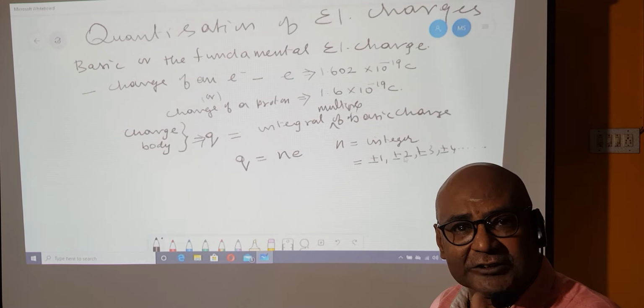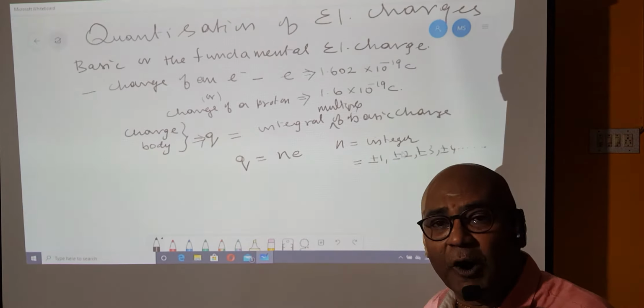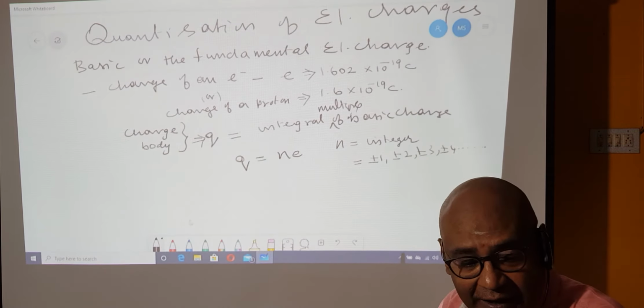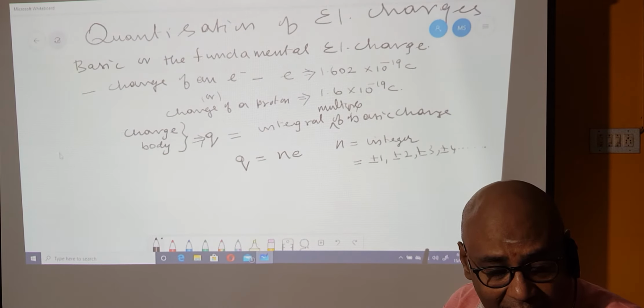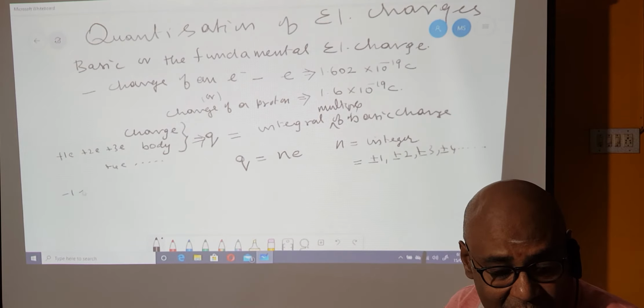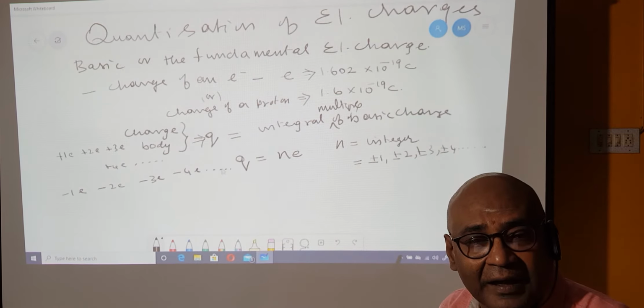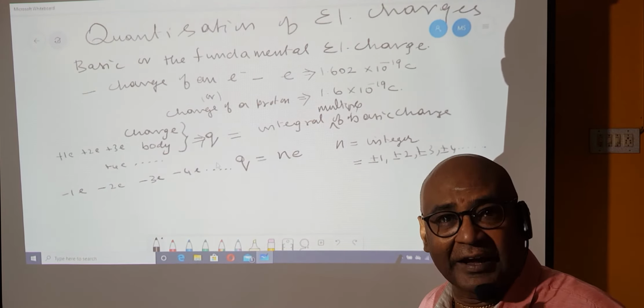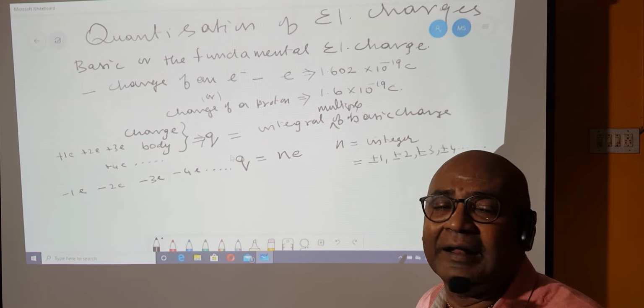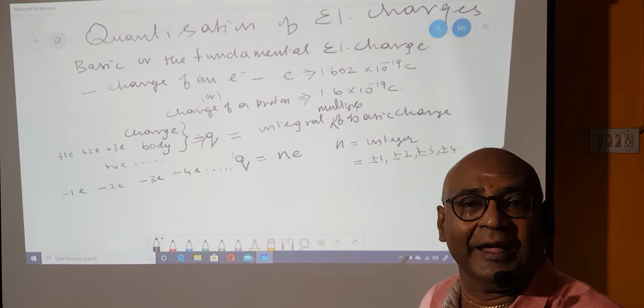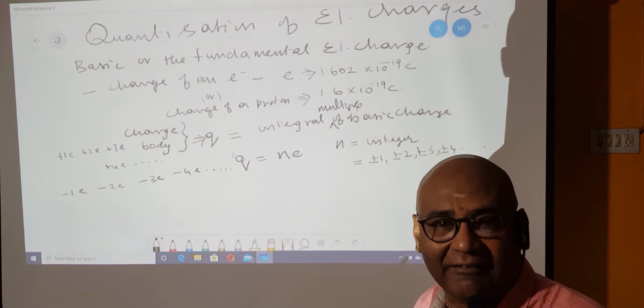What do you mean by this? The total charge available in any charged body may be equal to plus 1e, plus 2e, plus 3e, plus 4e, etc., or minus 1e, minus 2e, minus 3e, minus 4e, like that. It will never be 1.5e or any fraction; it won't be available.